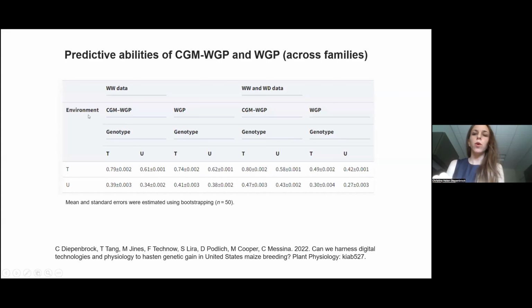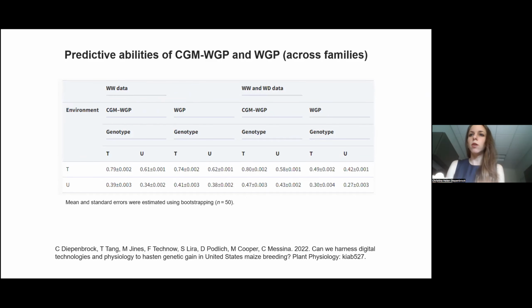If we are looking only at well-watered data, in all 4 quadrants of prediction, where we have tested and untested genotypes and tested and untested environments, we observed with CGM-WGP predictive abilities of 0.79 versus WGP 0.74, and I'll go stepwise through the quadrants. So 0.61 versus 0.62, et cetera. We saw pretty similar performance, with these models performing roughly at parity with each other.